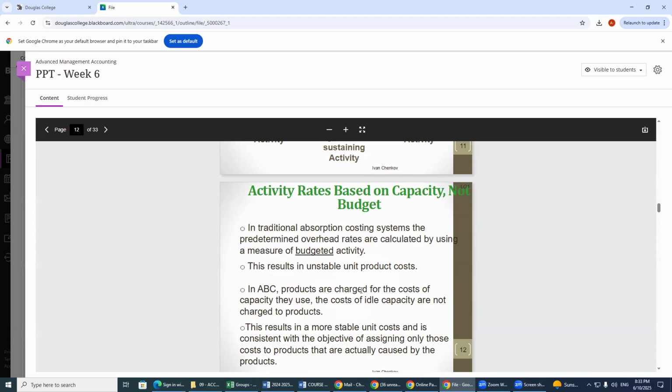Again, the cost of the idle capacity is not going to be charged to the product, which makes the cost for the product more stable and consistent with the objective of assigning to the product only the cost which the product actually uses.